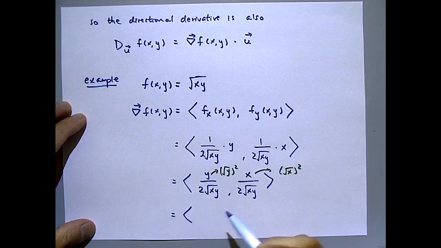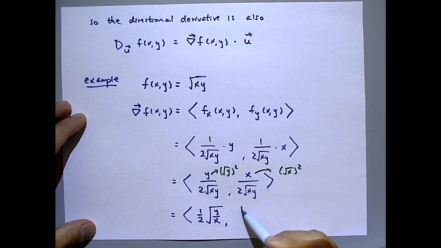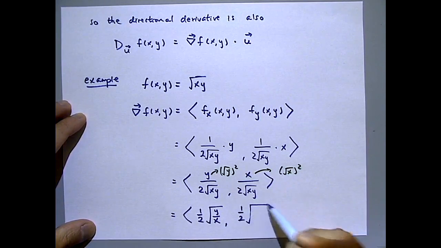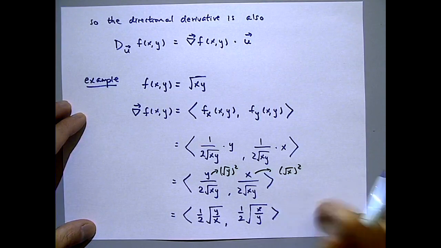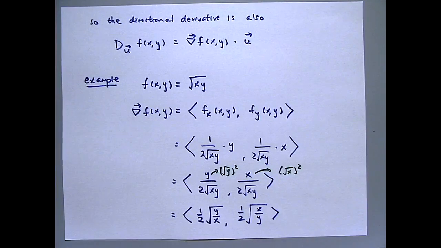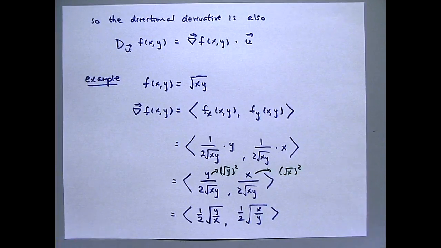So you end up getting 1 over 2 radical y over x, and here, 1 over 2 radical x over y. I know WebAssign is not very picky with simplification, but it's good to know alternate forms if you need to deal with them.